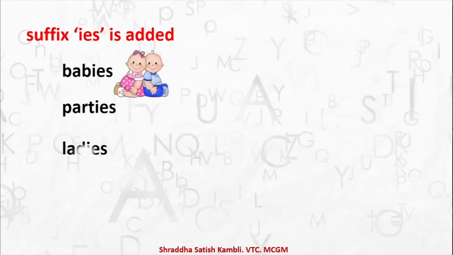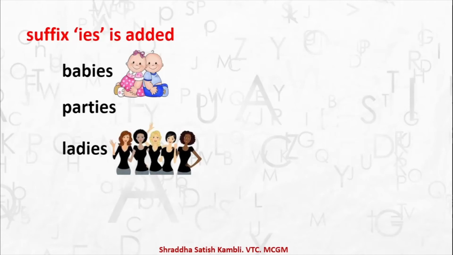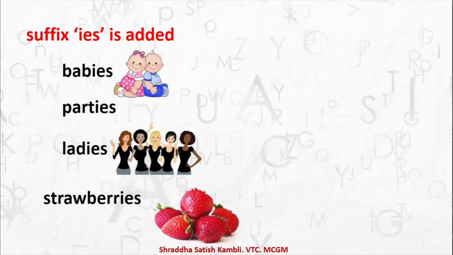Then you have L-A-D-Y, lady, becoming L-A-D-I-E-S, ladies. Okay, the fruit strawberry, it becomes strawberries. So I-E-S is also the suffix which can be added in order to make plural.